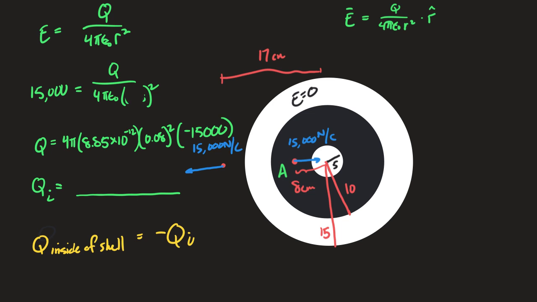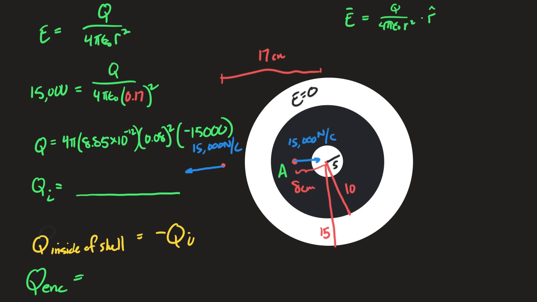I can put in that I am 17 centimeters away, so 0.17 meters. And I can find a new expression for the outer charge, but it's not really the outer charge. What I will be finding is the total charge enclosed.